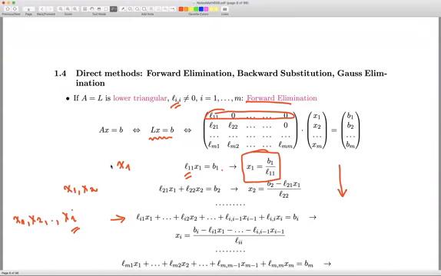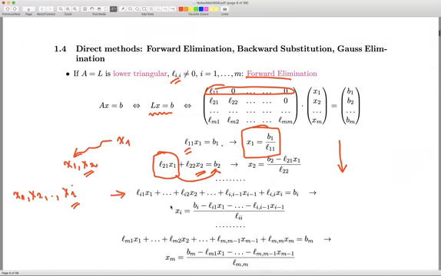Now, since x1 is known, we use it right after we find it in the second equation, and then the second equation has only one unknown, x2. Then the x1 term is known and goes on the right hand side, and we solve for x2. Once we solve for x2, this is the expression for x2, and so on.